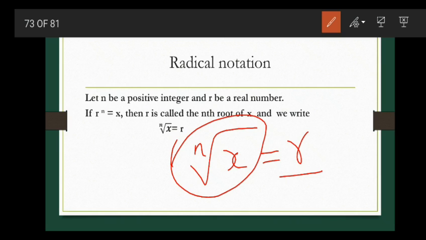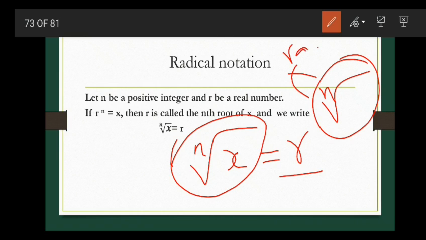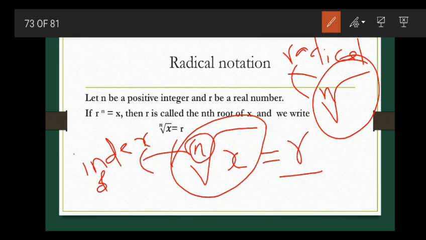This symbol, root n, is called radical. The n here is called index of the radical, and x is called radicand.